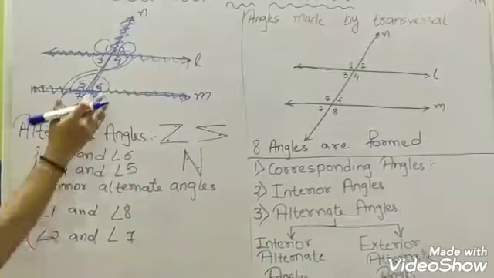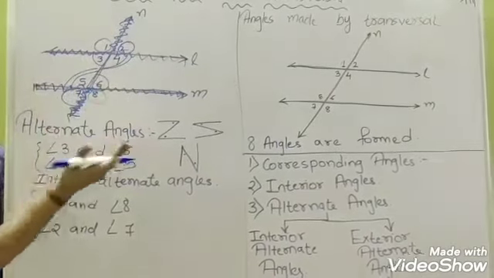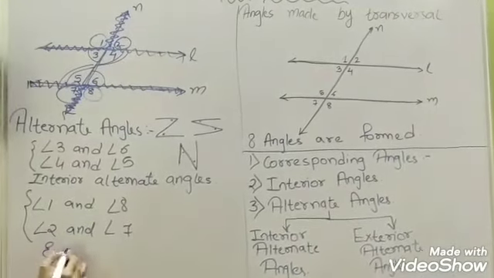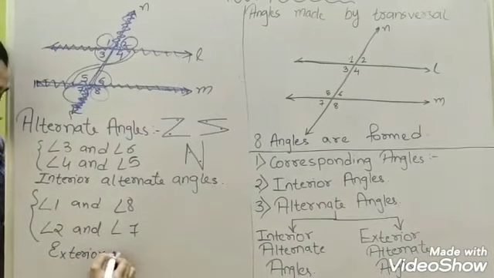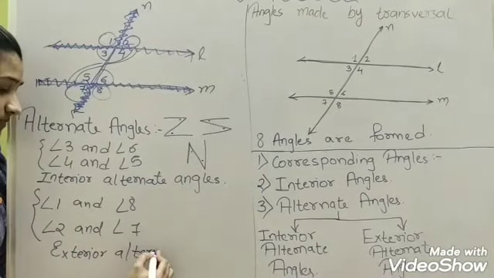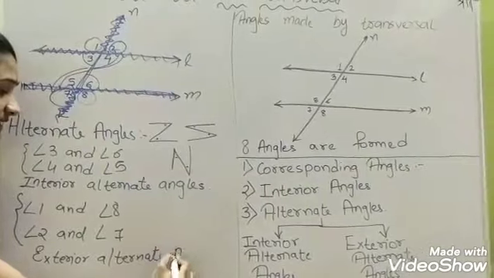These both are outside the parallel lines, so we will call them exterior alternate angles.